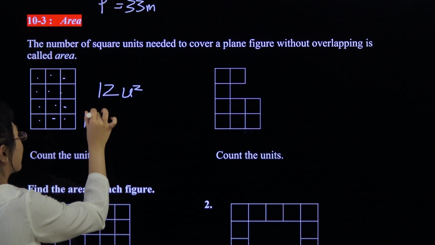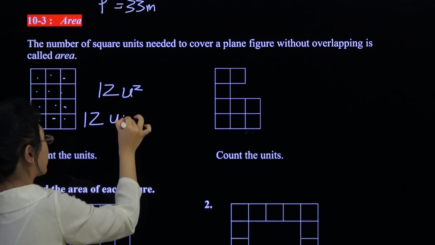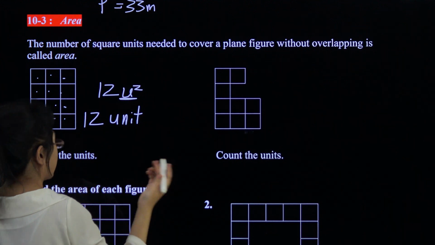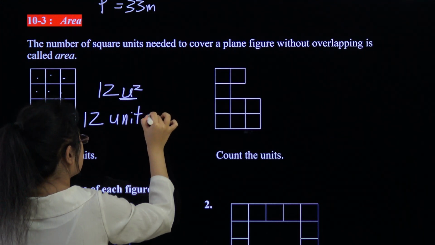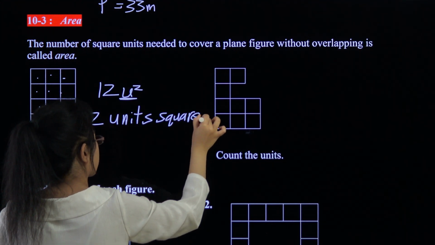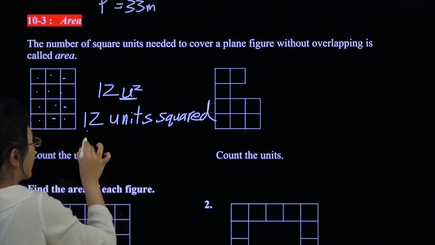Of course, some teachers are picky and they will ask you to write out the entire thing because technically U isn't a measurement. Other teachers think that it's okay to write it this way.